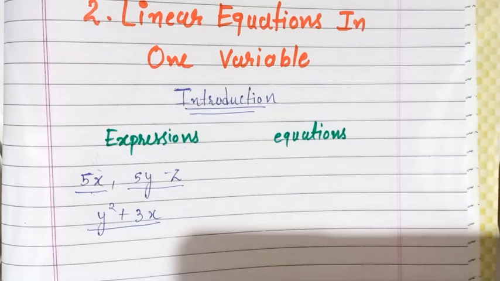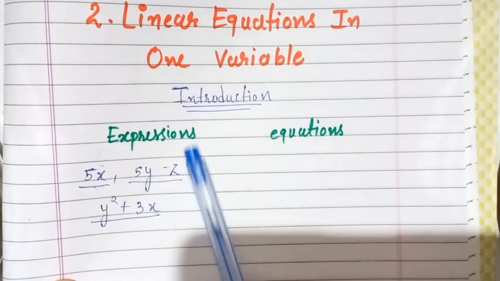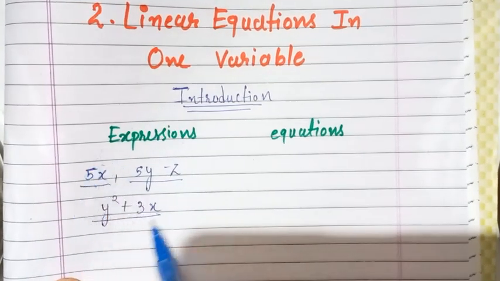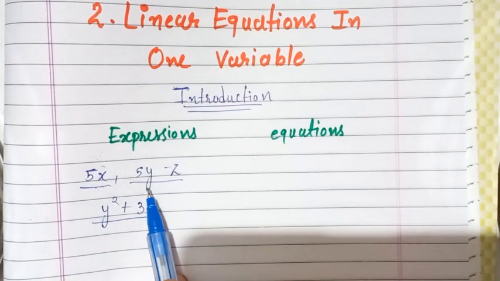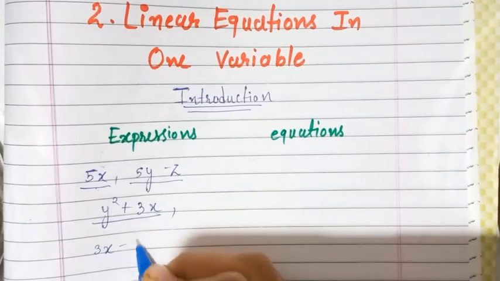In earlier classes you may have come across several algebraic expressions and equations. Algebraic means which consists of plus, minus, multiplication, division, numbers and terms. So expressions are like this: 5x, 5y minus z, y square plus 3x, then 3x minus 2.